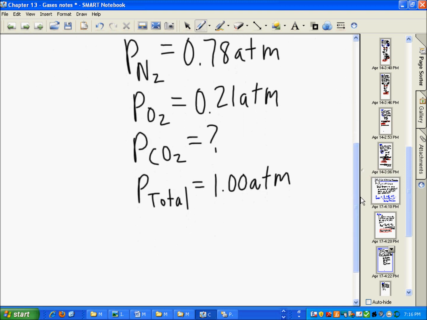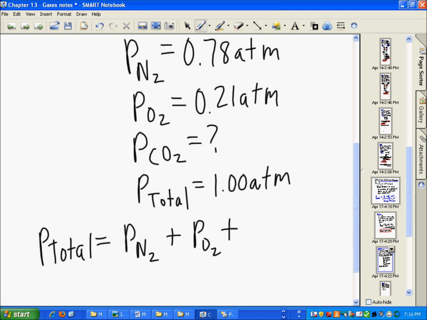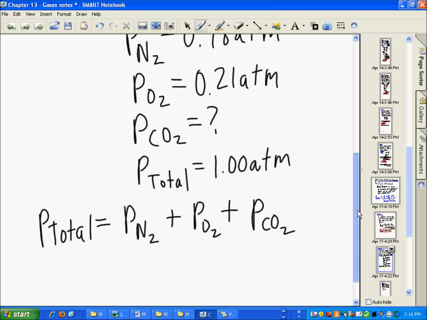So we know that the total pressure, according to Dalton's law, should be equal to the nitrogen pressure, the oxygen pressure, and the carbon dioxide pressure added together. And it's the carbon dioxide pressure that we want.